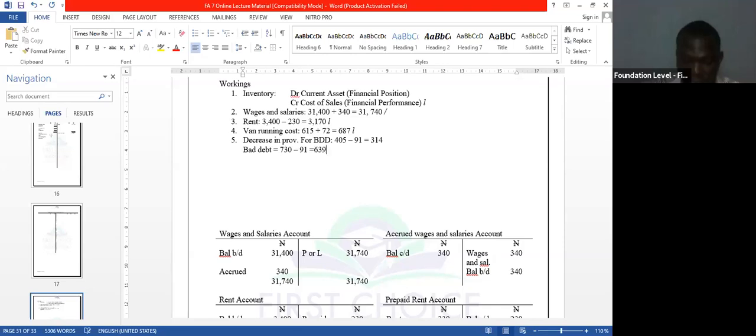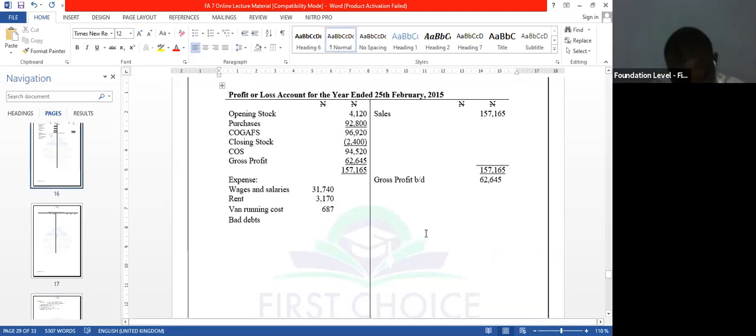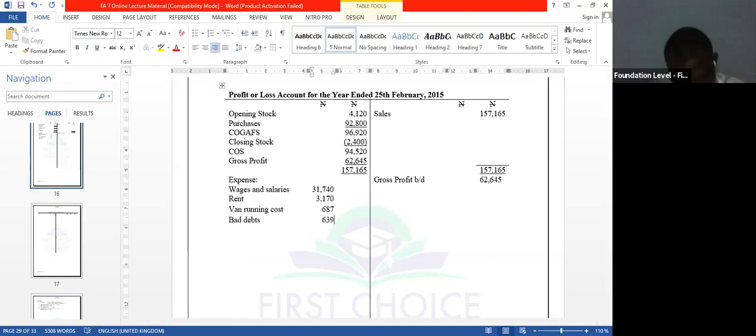So you can just put the slash there. Here, 639. So any other additional information that we have not used, you scan through it.